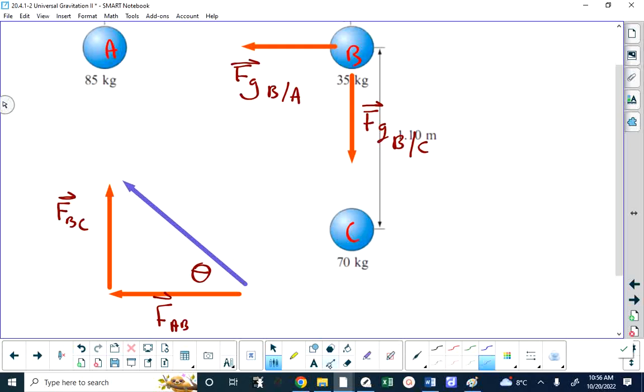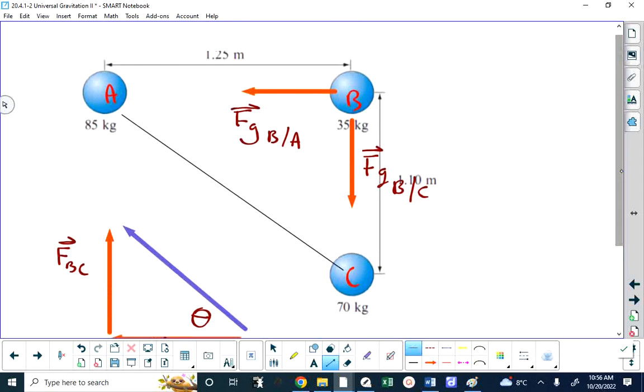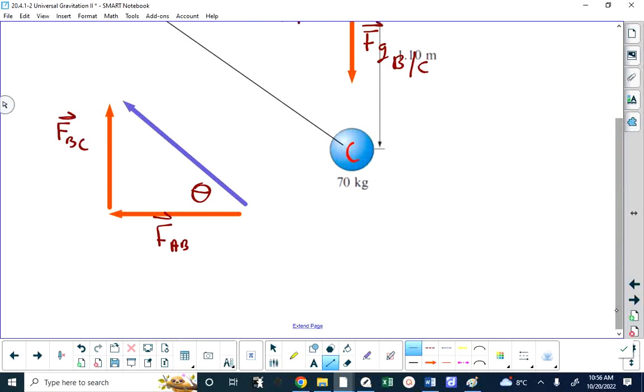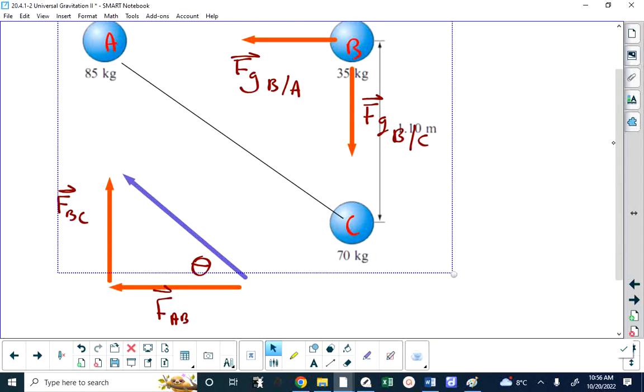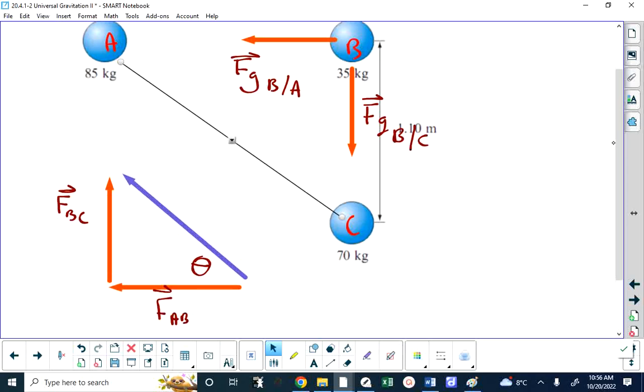You don't want to do this. That distance has nothing to do with the question. And that triangle that you're looking at up here is not even the same as the triangle that has our answer in it. So drawing this hypotenuse is not only not necessary, it may confuse you into getting the wrong answer. Okay, so I would never draw that. That's got nothing to do with it.